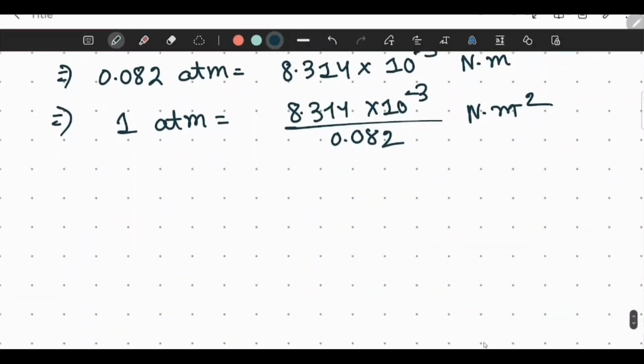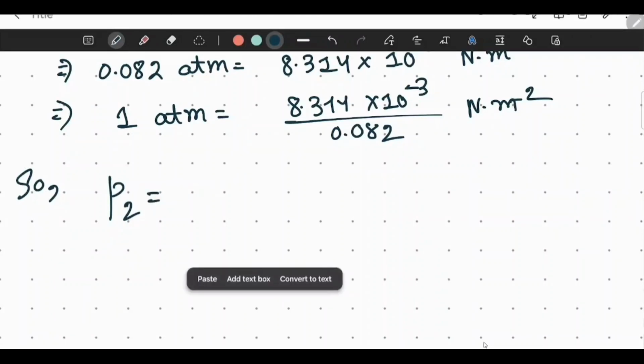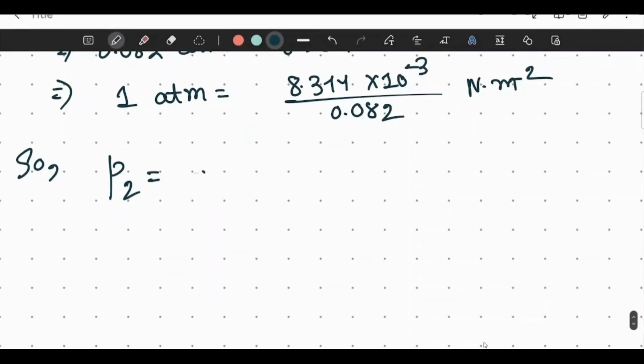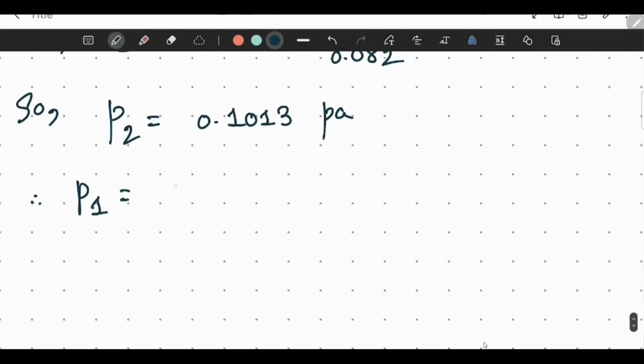So this value we know. So P1 will be, what is the value then? We can write 8.314 into 10 to the power minus 3 divided by 0.082. So it is eventually 0.1013 Pascal. Okay, so this is P1.